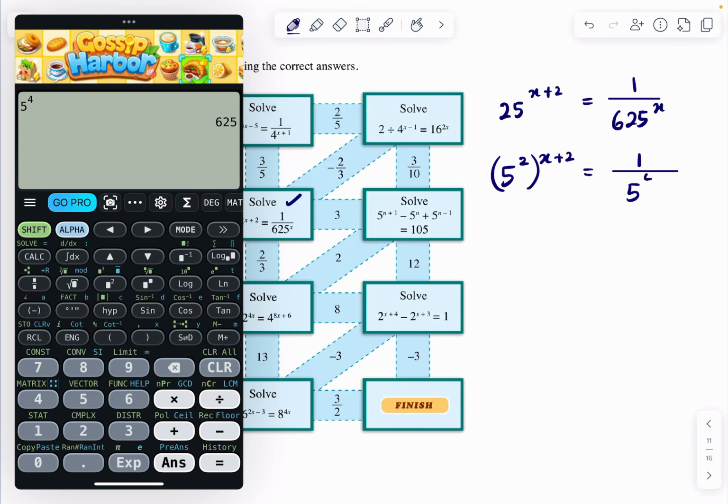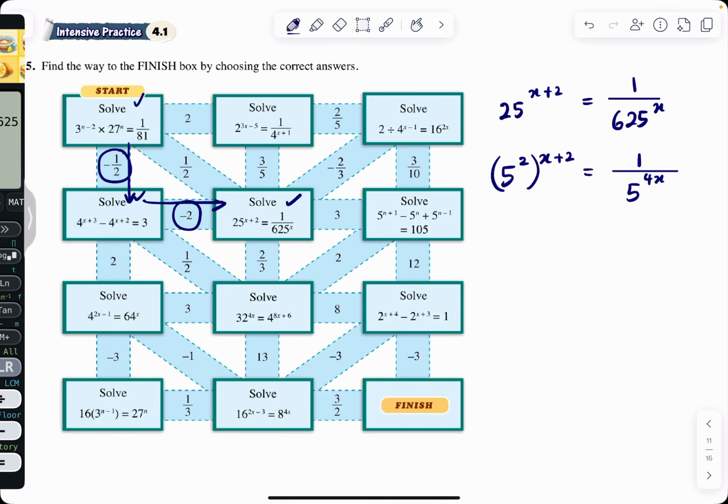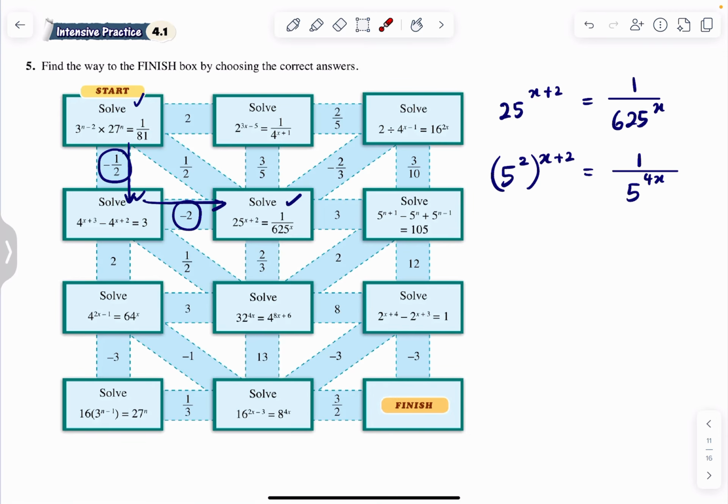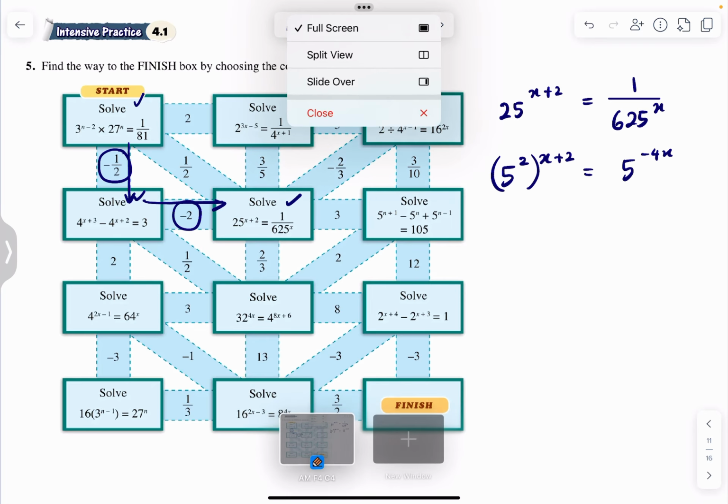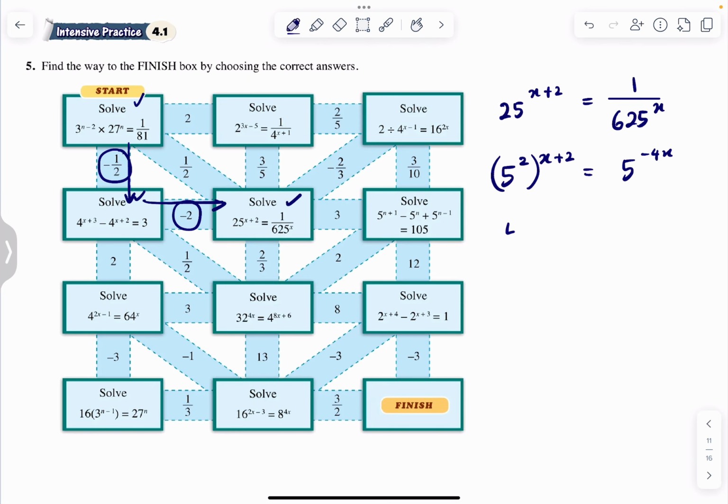So 5 power 4x. And since this is 1 over, this will become 5 power negative 4x. Now we can expand this. This one will become 5 power (2x plus 4) equals 5 power negative 4x. So now the base is the same already.